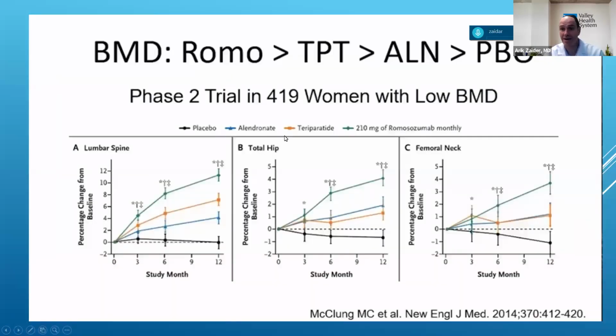They actually compared Evenity to Forteo and to Fosamax, and you see that the top line here represents Evenity. The reason why it's so good, they think, is because this is one that does both, as we said. Both builds up and prevents breakdown.